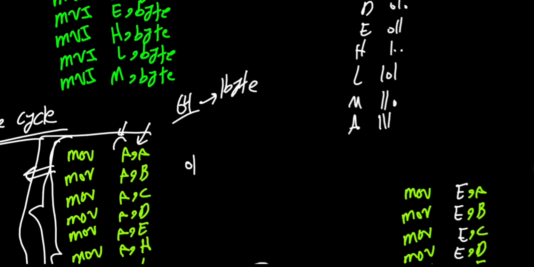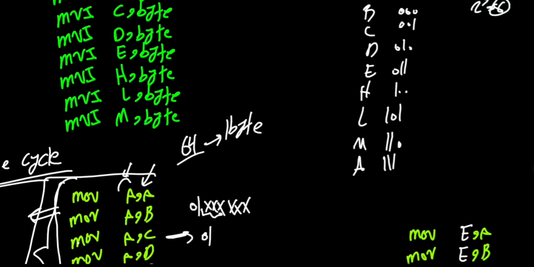So 0, 1, and then the next 3 bits would be the destination, and the next 3 bits would be the source. So if we want to understand the opcode for move A, C, we say this 0, 1 is common in all these 64 instructions. Then these 3 bits are assigned by looking up this table.